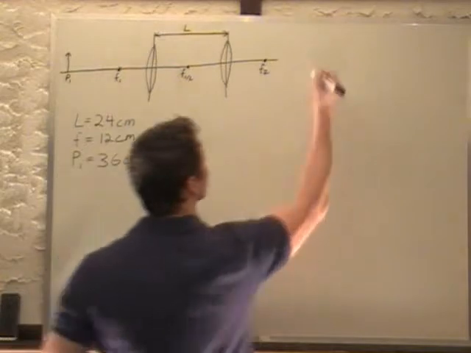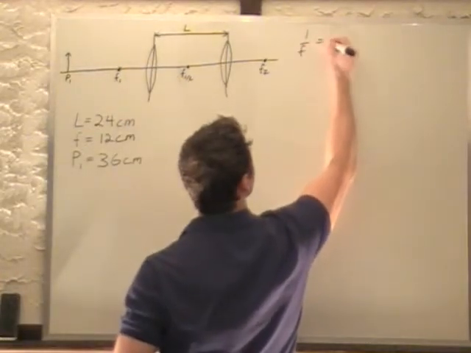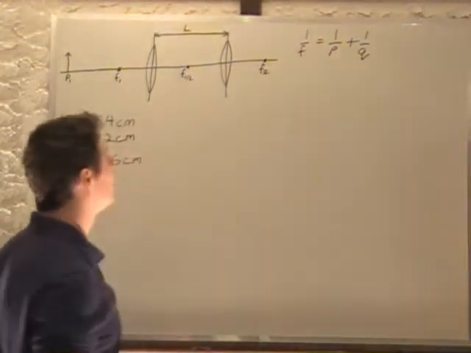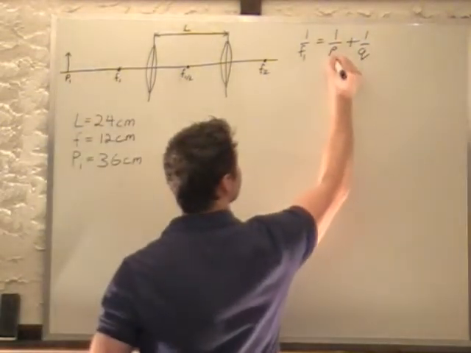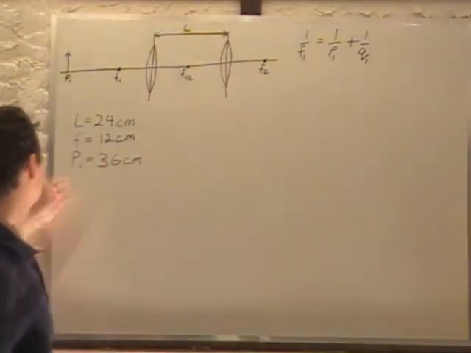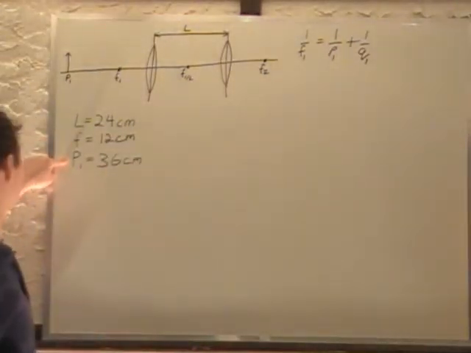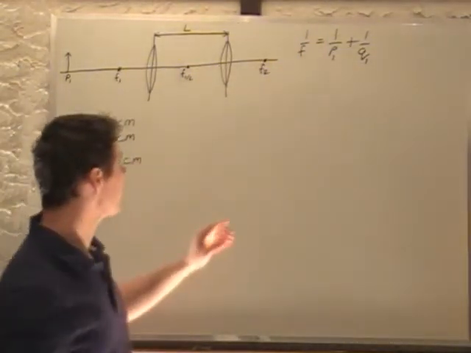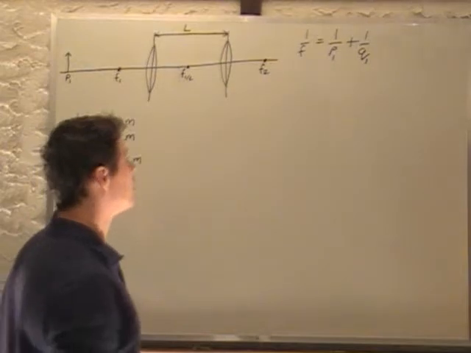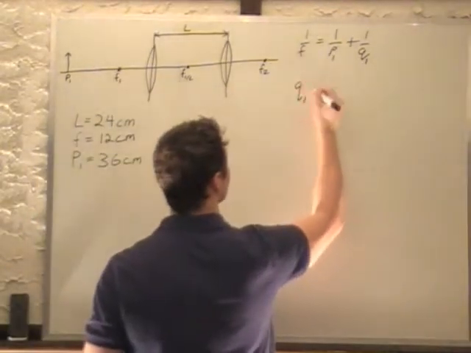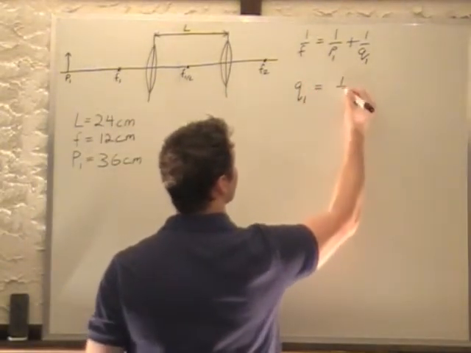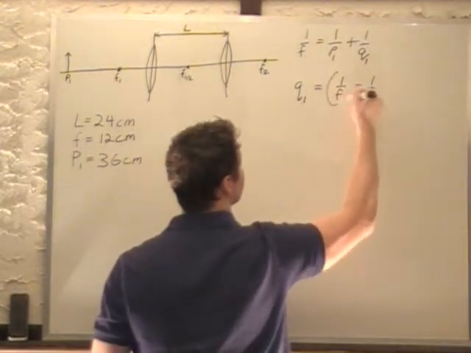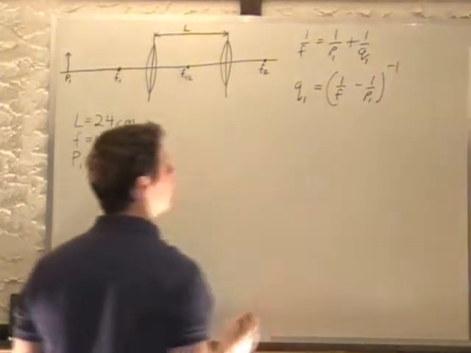So I have my equation, 1 over F equals 1 over P plus 1 over Q. And so for the first lens, it's F1, P1, Q1. So we know F and we know P, so we can just call it F since it's all F. I want to find out what Q is, so I'll solve for Q. Q1 equals 1 over F minus 1 over P1, and then since I've inverted the Q1, I invert that.